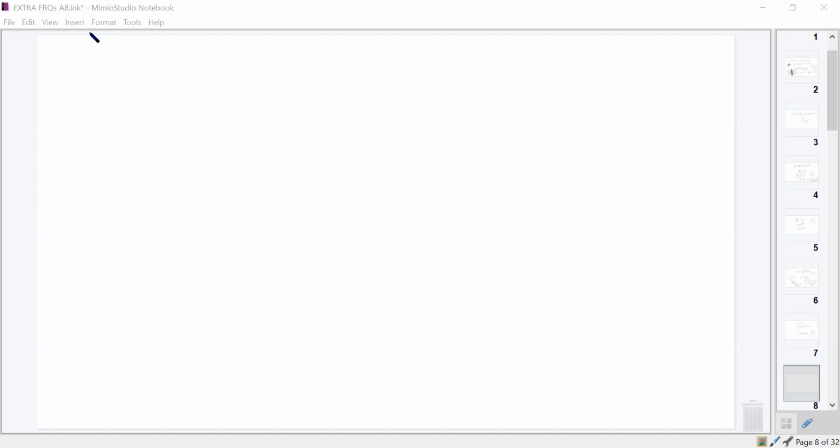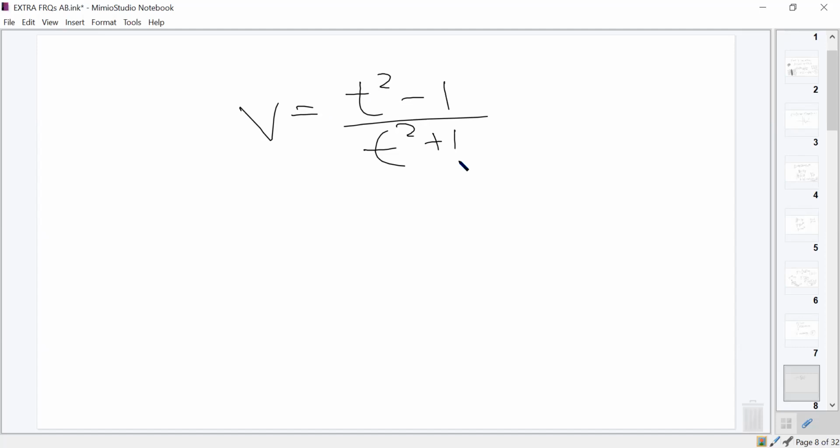All right, 85 says a particle moves along the x-axis. They give a velocity as t squared minus 1 over t squared plus 1. We want the total distance traveled between t equals 0 and t equals 2.